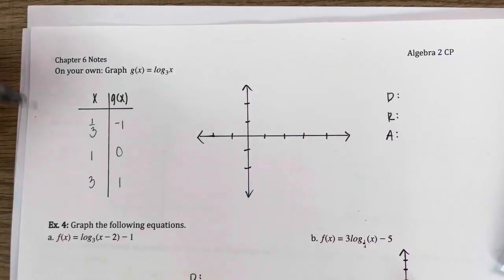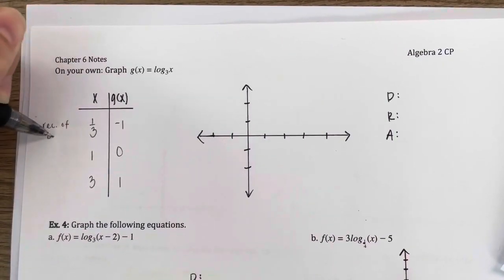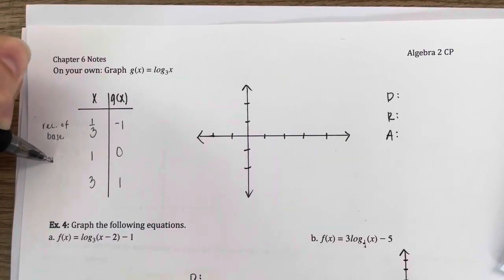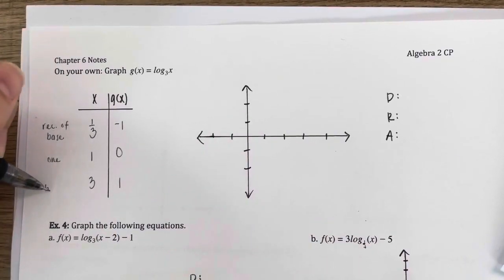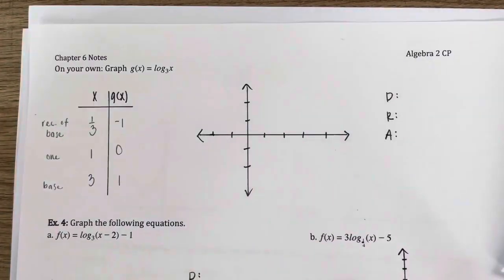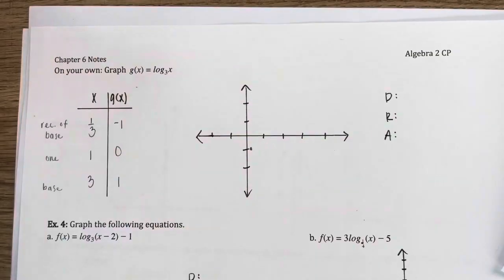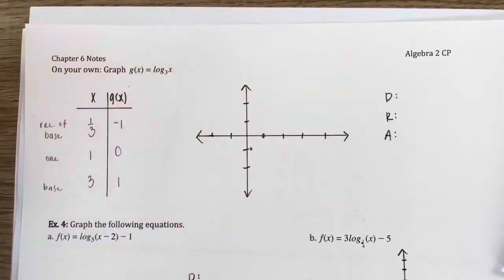We'll do the transformations after, but for your table for the parent functions, it'll be the reciprocal of the base, and then 1, and then the base. If you do that, you'll always get out -1, 0, and 1. So when we go to graph it: (1/3, -1), (1, 0), and (3, 1).